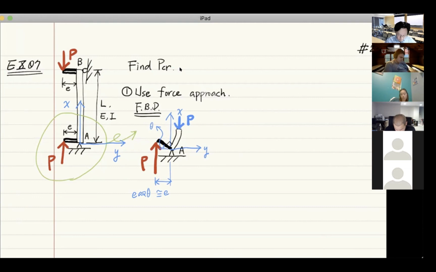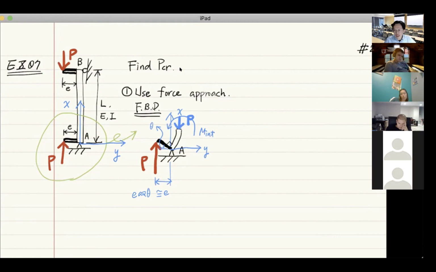Okay. Now, of course, if we want to take the moment equilibrium, we know that the internal moment should go like this. So this is the internal moment. Right? Now, what else do we have? Well, what about at the support A?